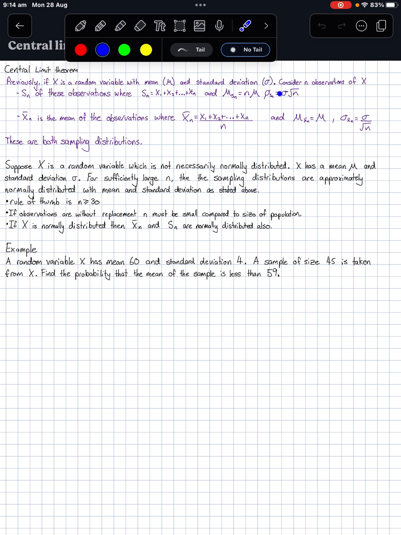So that means we can consider these distributions as normal, as long as we have a sufficiently large number of trials.